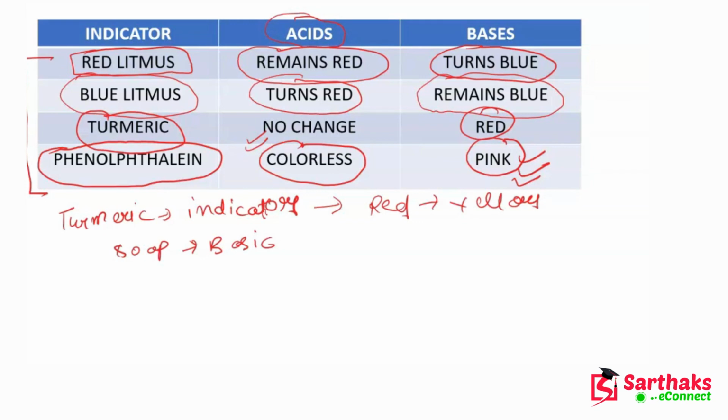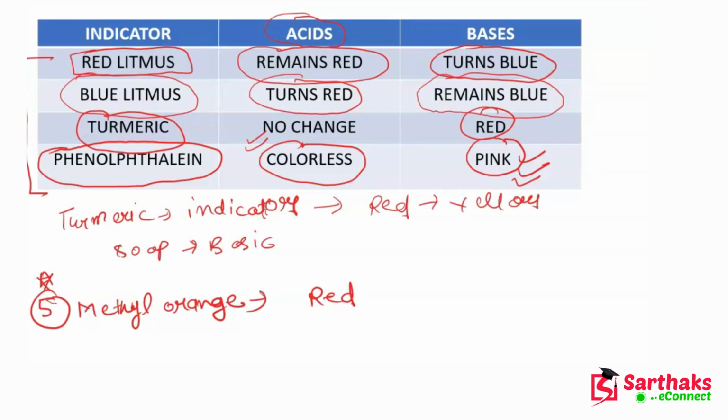Moving ahead, I want to let you know one more indicator, and that is methyl orange. I am marking a star here. This is very important. When you add acid to methyl orange, it will turn red.